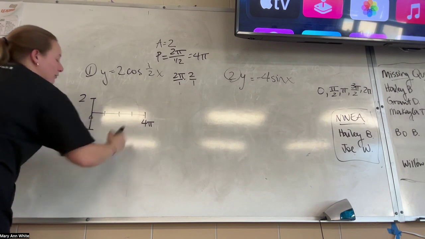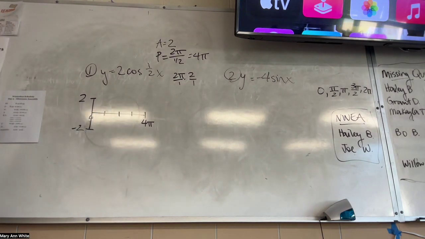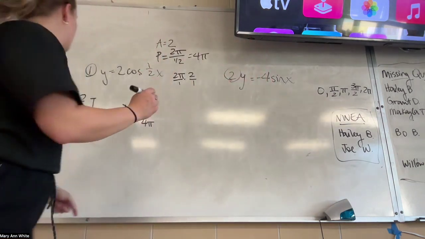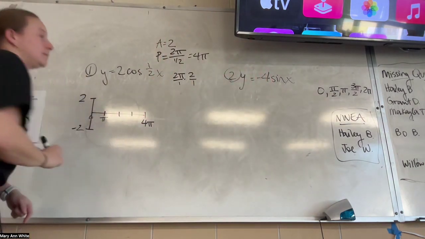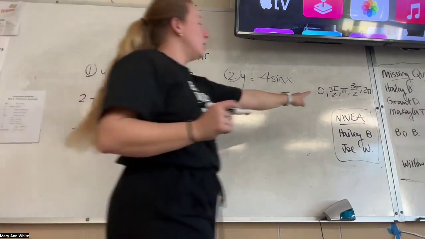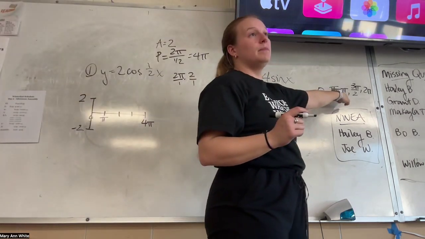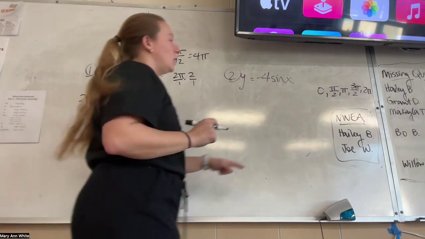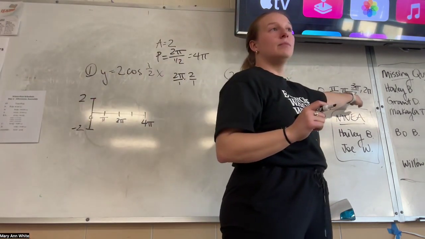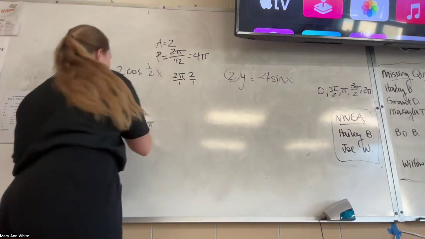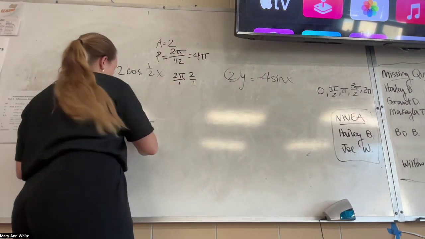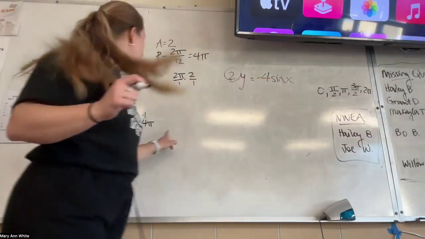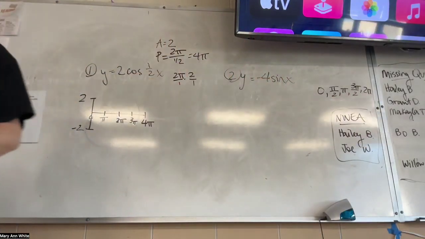What about pi over 2 times 2? Pi. What about pi times 2? 2 pi. What about 3 pi over 2 times 2? 3 pi. And then just like we did a minute ago, 2 pi times 2 is 4 pi, which is where we wanted to end anyway.